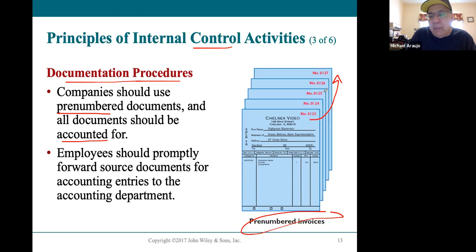So if by chance number 125 is missing, they're going to need to go back and ask what happened to 125, right? These are source documents that are part of that record keeping process that allow them to control and monitor activities to make sure everything is up to par.